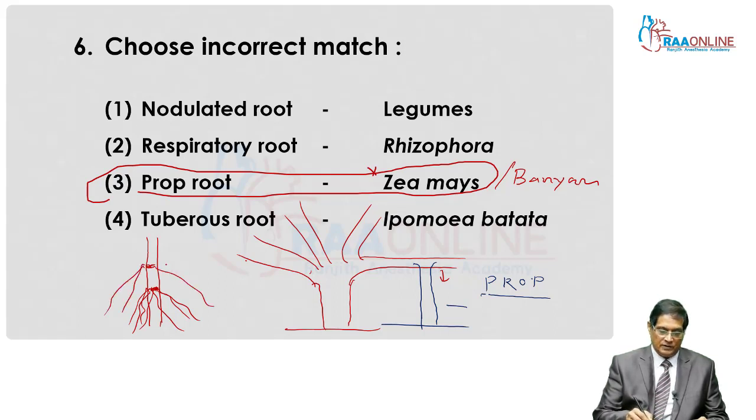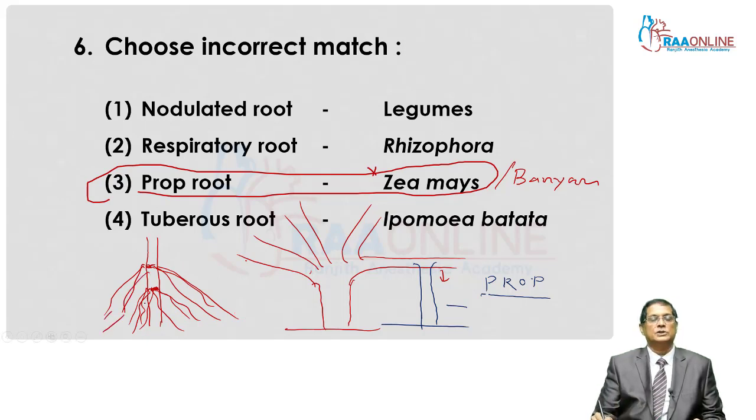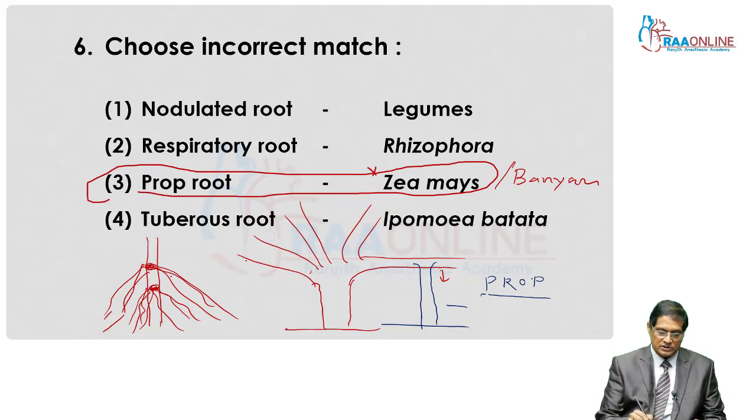They are helpful in attachment of the plant with the soil. So these roots originate from the basal nodes. These are called stilt roots, found in maize.